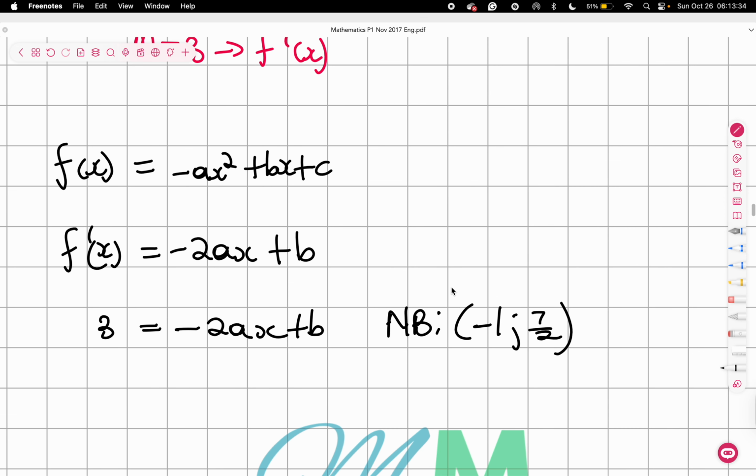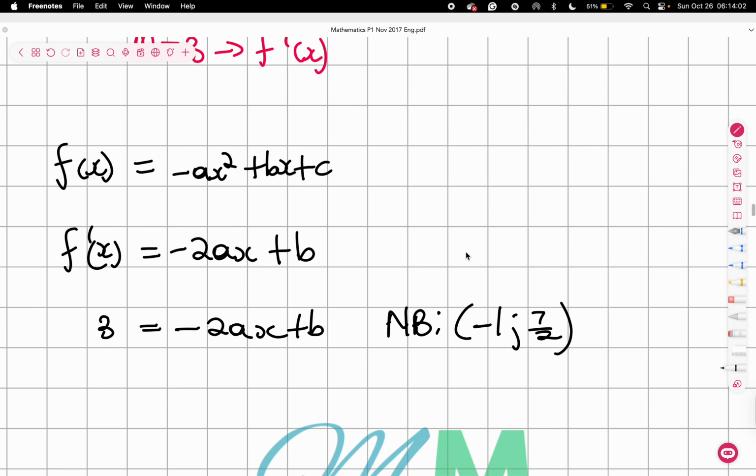It means at this value of x, which is negative 1, the gradient at that point is 3. So that's what you should substitute into this equation, not the 7 over 2.